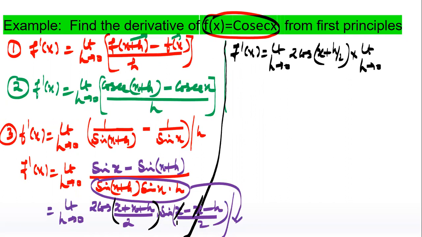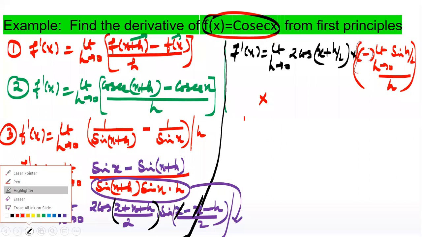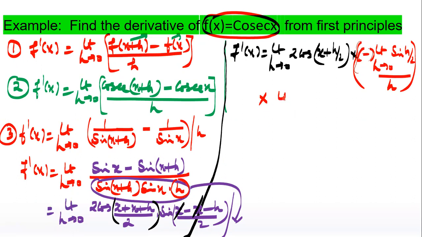This will cancel out, and sine of minus theta will become minus sine theta. We can substitute the minus sign over here. So sine of minus h by 2 will become minus sine(h/2), upon h as it is, into limit h tends to 0, 1 upon sine(x+h) into sine x.